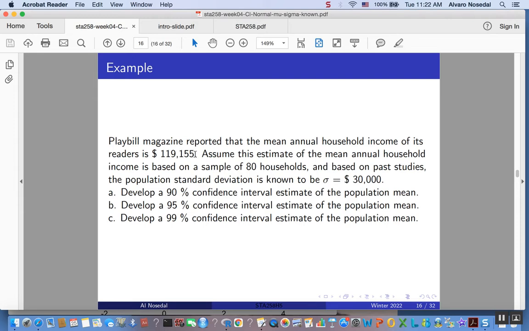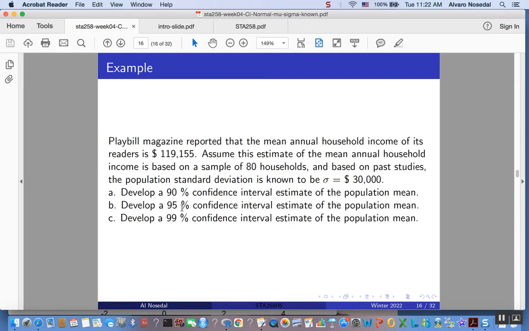So now what we would like to do is develop confidence intervals for that estimate of the mean average annual household income.